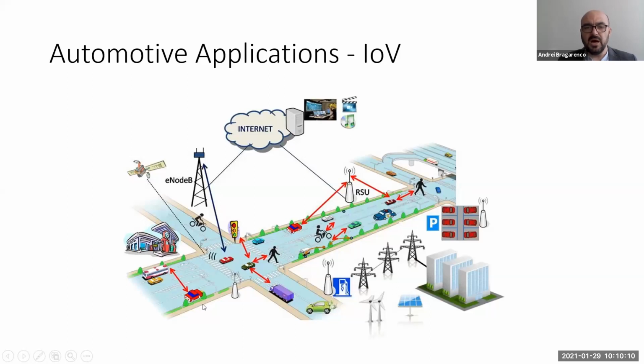That means all the vehicles could interact between them, and not only between them, but between the environment and the vehicles: vehicle to vehicle, vehicle to pedestrian, vehicle to the internet, vehicle to satellite. So it's another growing area of embedded systems.